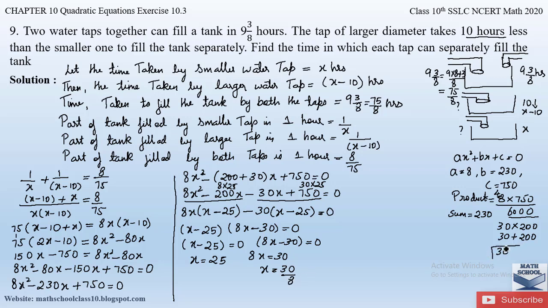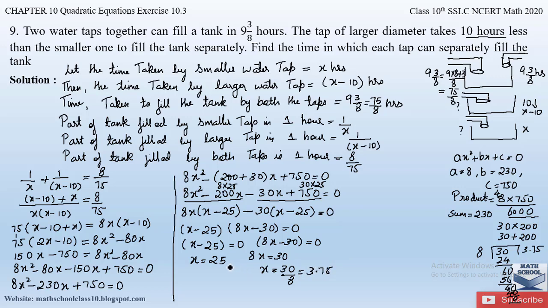If you divide and see, 8 3s are 24, then 6 is left behind. If you take a decimal point, 0 can be added. 8 7s are 56. Again 4 is left behind. Since we have taken the point, we can add 0. So 8 5s are 40 and this will become 0. So x is equal to 3.75.